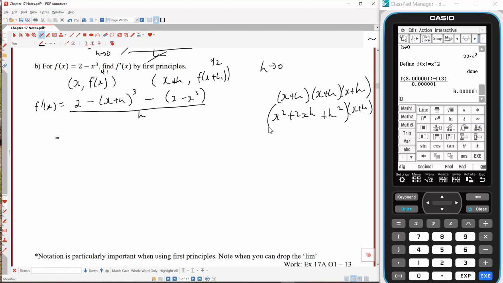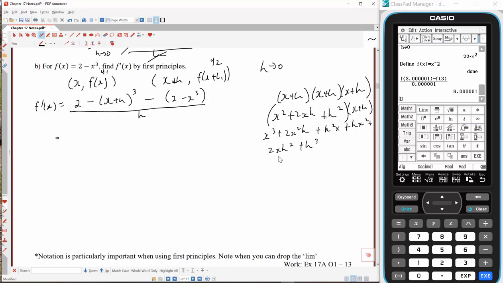Okay, and then distribute the x first, x cubed plus 2x squared h plus h squared x. Oh my god, I do this using Pascal's triangle usually, plus hx squared. I know, it sounds like I'm making excuses. Plus 2xh squared plus h cubed.